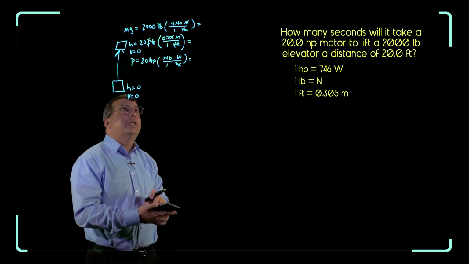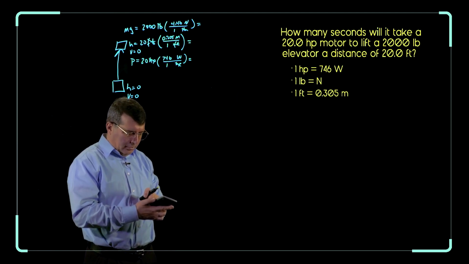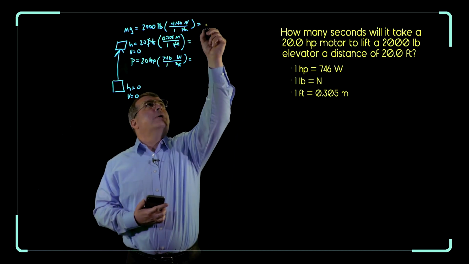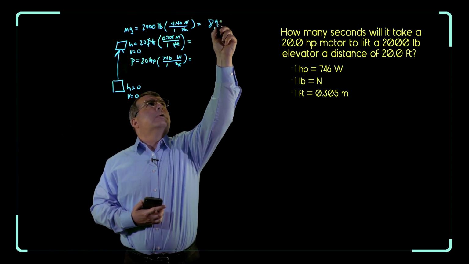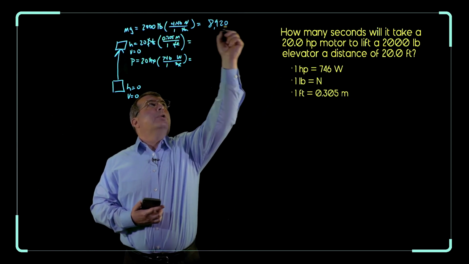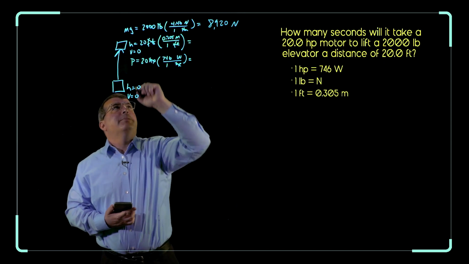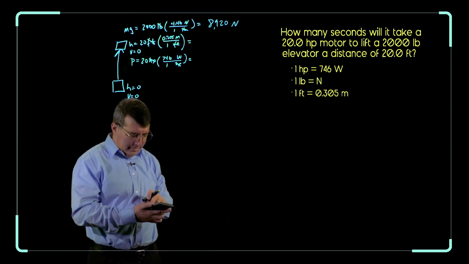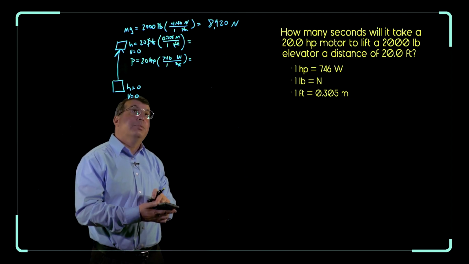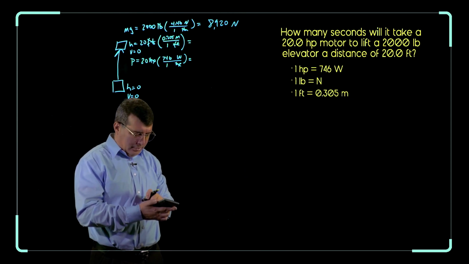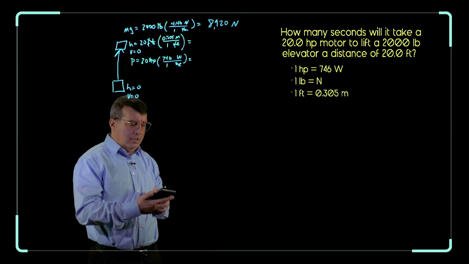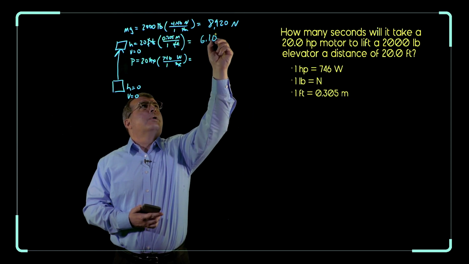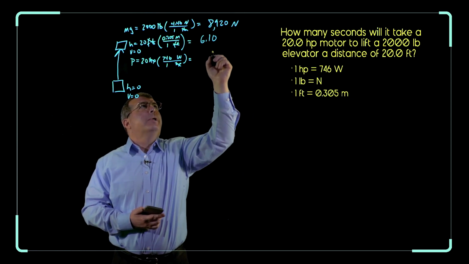2,000 times 4.46. The number is 8,920 newtons, that's our weight, that's our mg. The height is 20 times 0.305. That would be 6.10. And this is a comma. Let me make that a little more obvious.